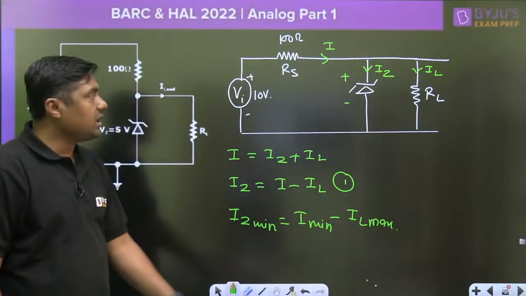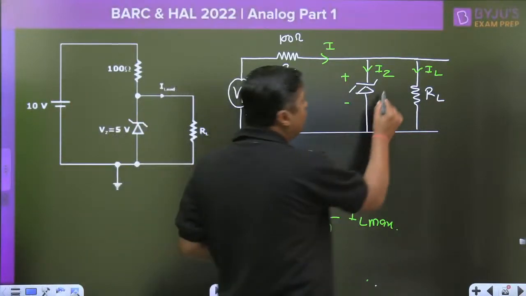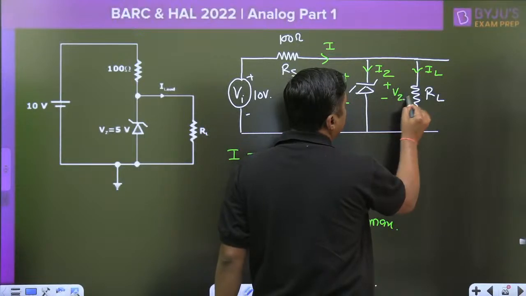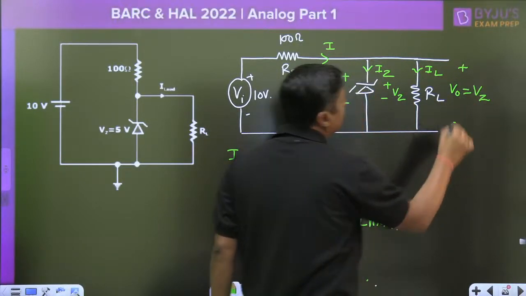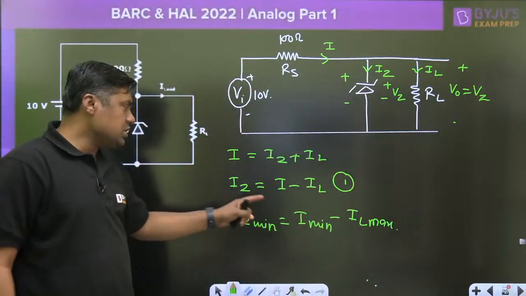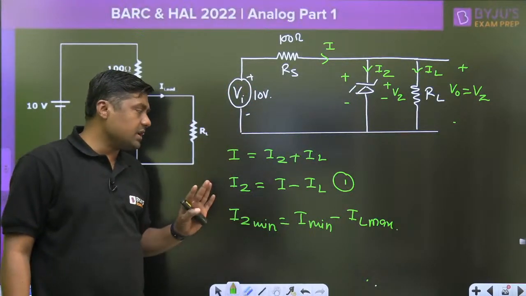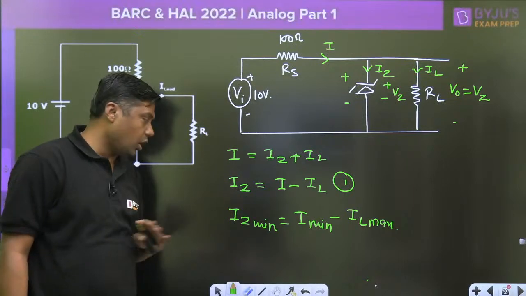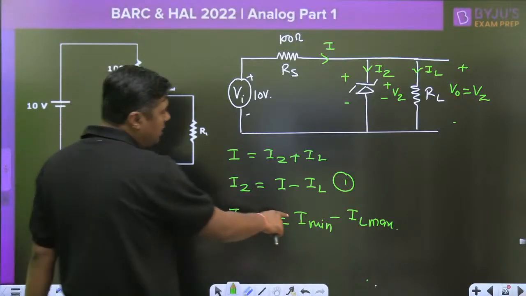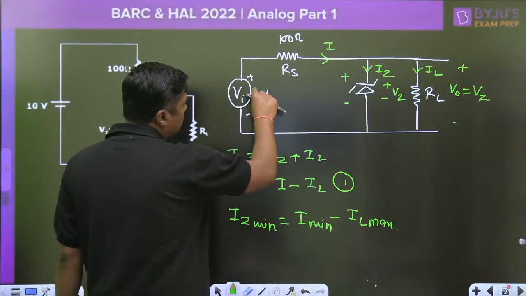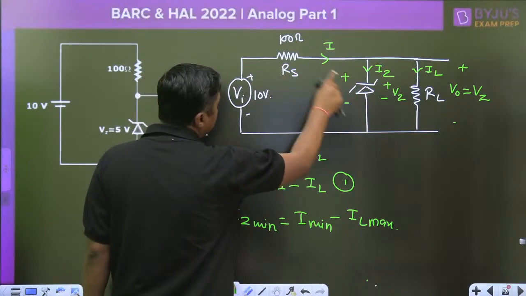Always remember the Zener diode will be in the breakdown region. This is the VZ, and the output is always VZ, constant. Then simply use this formula, I minimum minus IL maximum, to get the value of R. How? Watch this. What is the I minimum? VI minimum minus VZ upon RS.